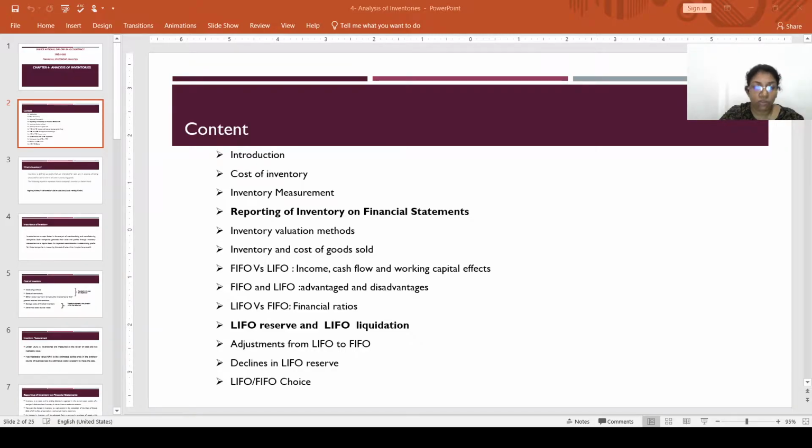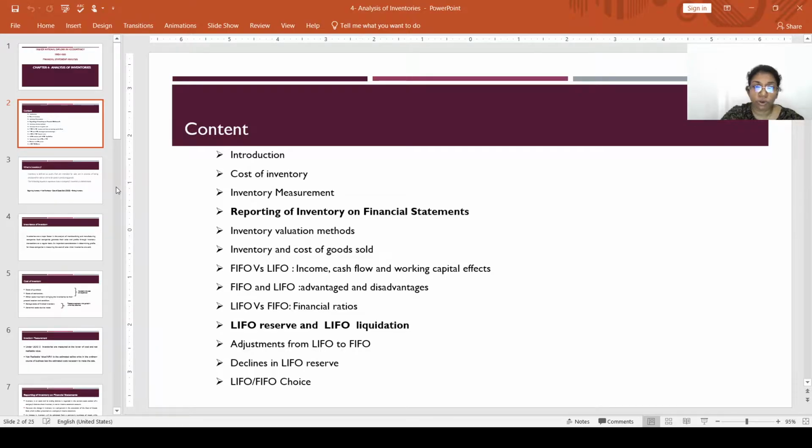Finally, we are going to talk about FIFO and LIFO, LIFO reserves and LIFO liquidation, and adjustments relating to transferring from the LIFO basis to FIFO, as well as the reasons for the decline in LIFO reserves. And we'll see how we can make a choice between LIFO or FIFO.